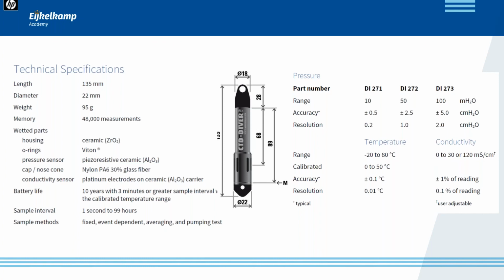And remark that the diver with the 10-meter range is the most accurate one. Regarding conductivity and the temperature, there are no differences between those 3 types. They all have the same accuracy for temperature and conductivity.